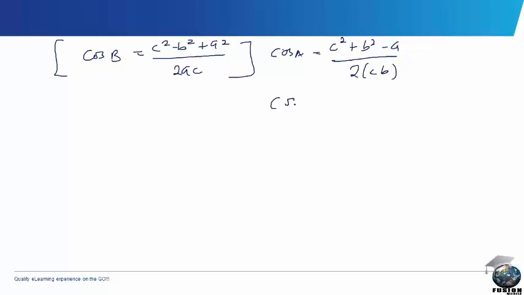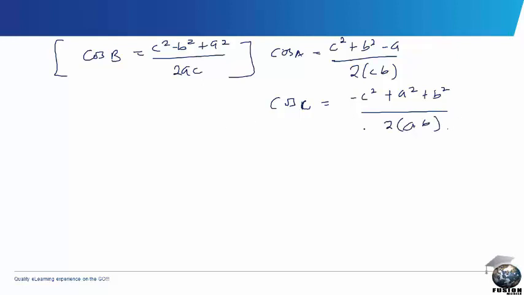And then it means that for cos C, c will be negative, and then a will be positive, and b will be positive. So you have the denominator to be the two positive sides, ab. I just believe this works for you.